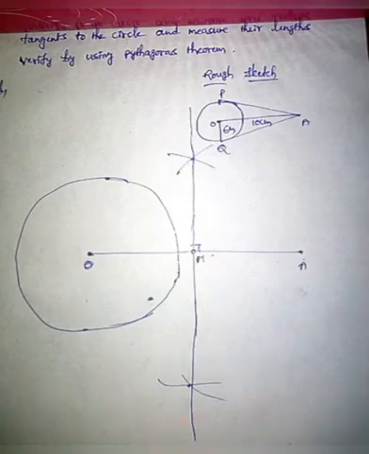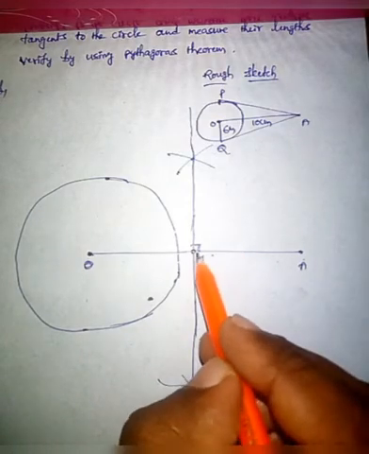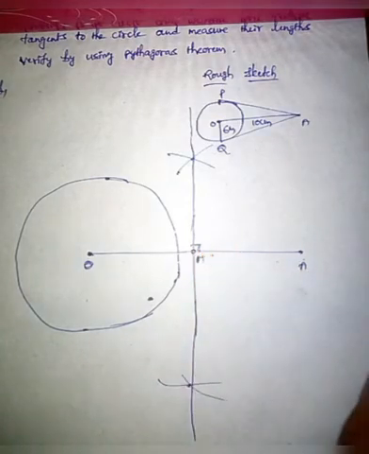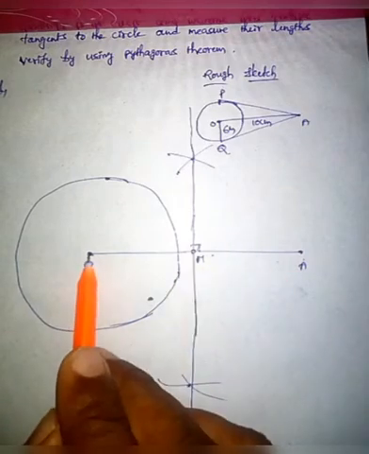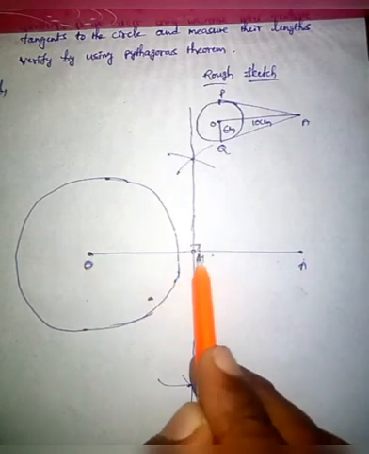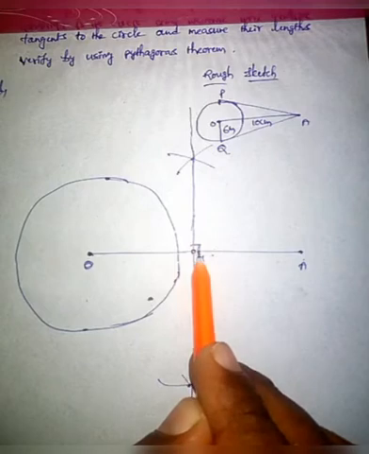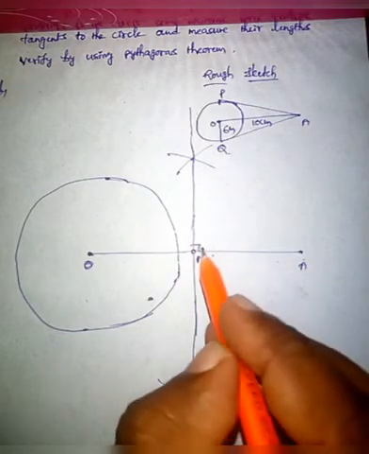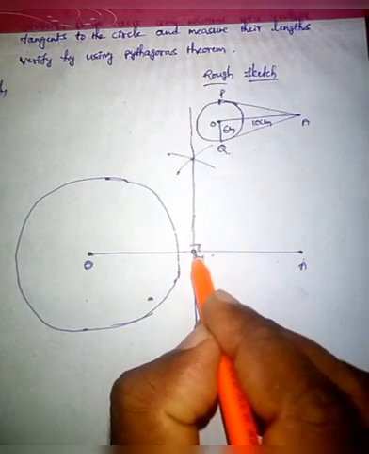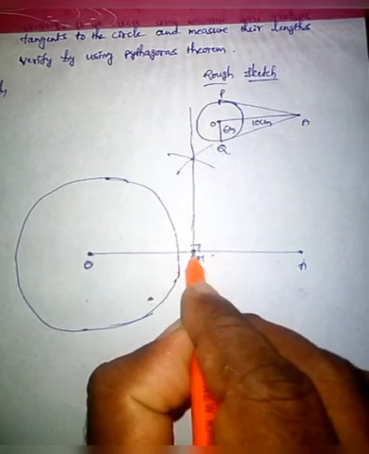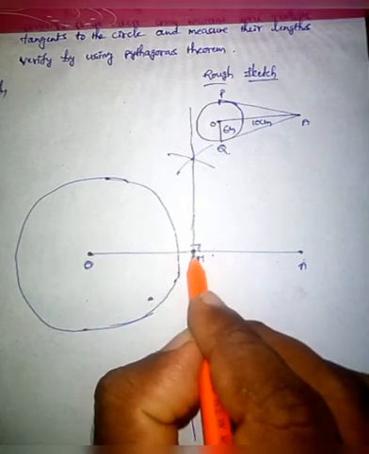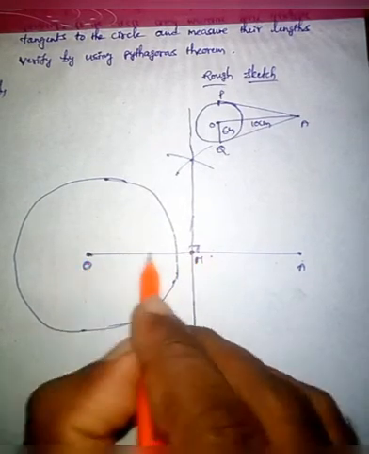Okay, now take your compass and place the compass at M. That means by taking M as center, OM as radius.